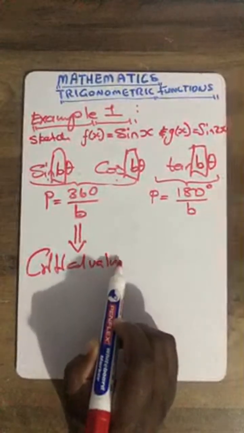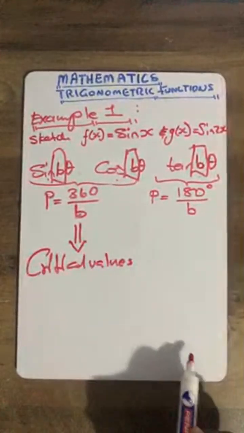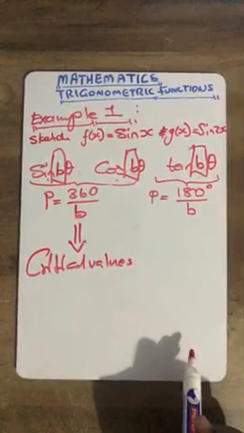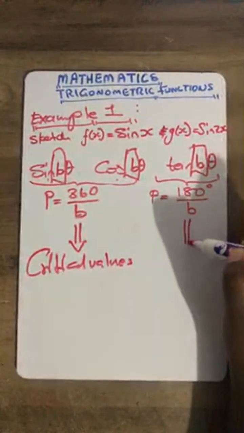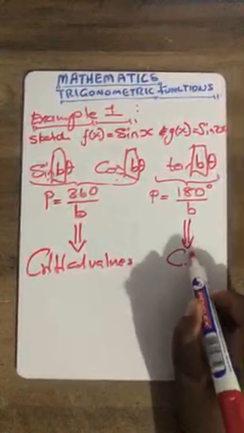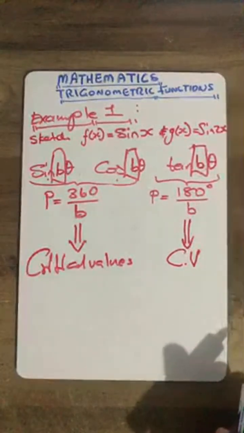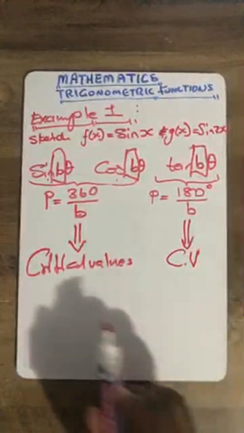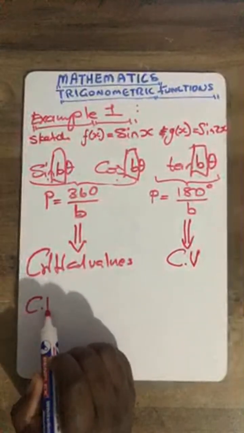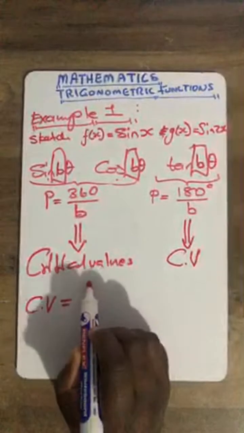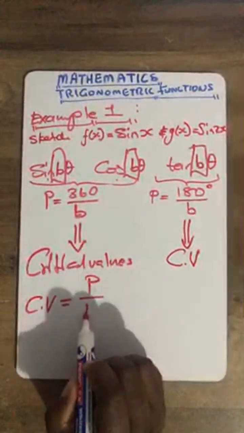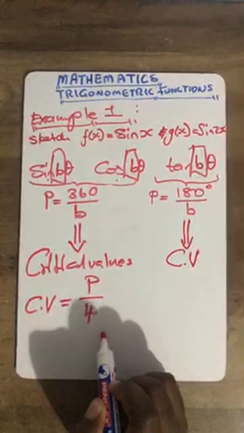To find the critical values, you take your period and just divide it by 4.